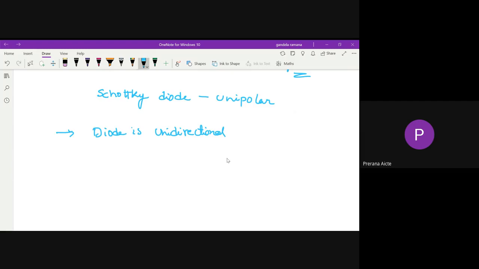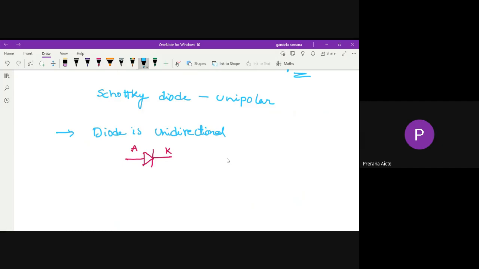What is the symbol of the diode? This is the symbol of the diode: anode, cathode. Why is the symbol like this? In electronics we follow conventional current.